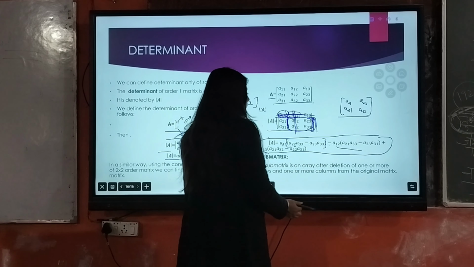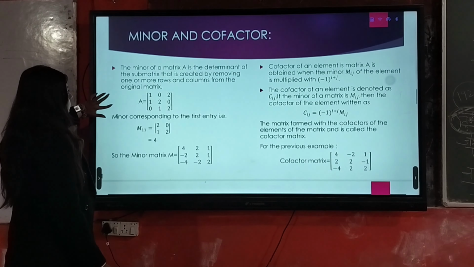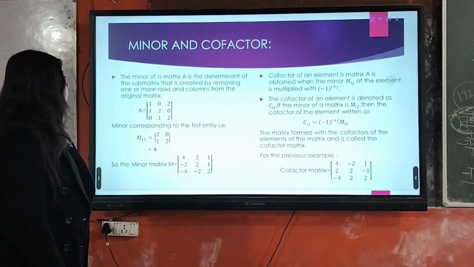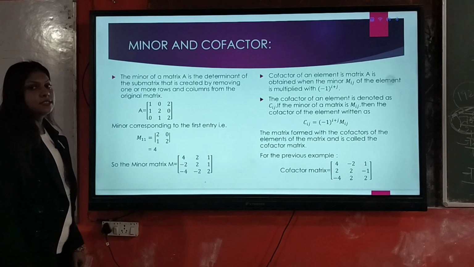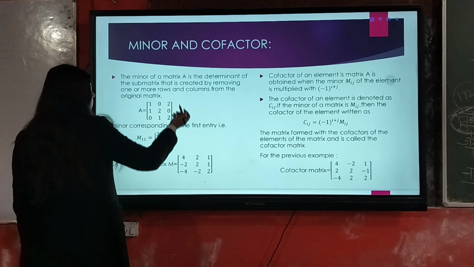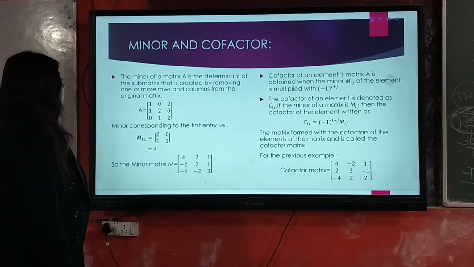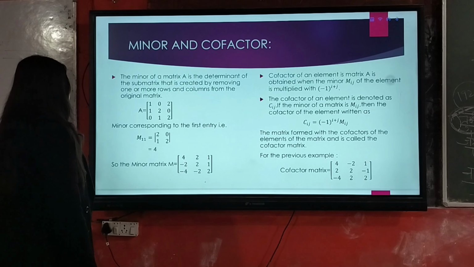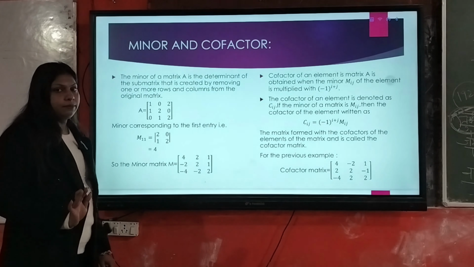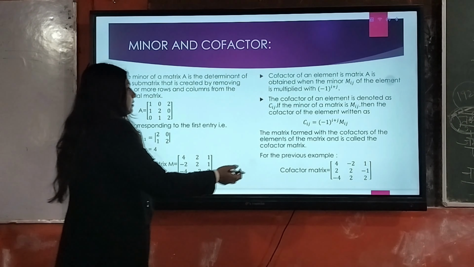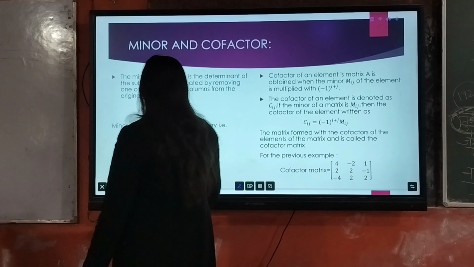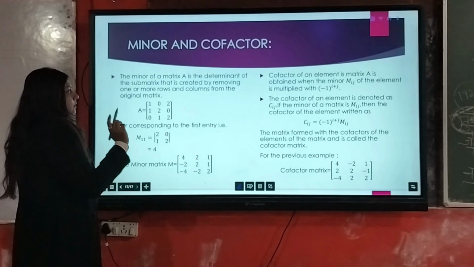Okay, so now we are moving further. A very important concept is coming here: minor and cofactor. What is a minor? The minor of a matrix A, a general matrix, is the determinant of the submatrix that is created by removing one or more rows and columns from the original matrix. So we are learning step by step.